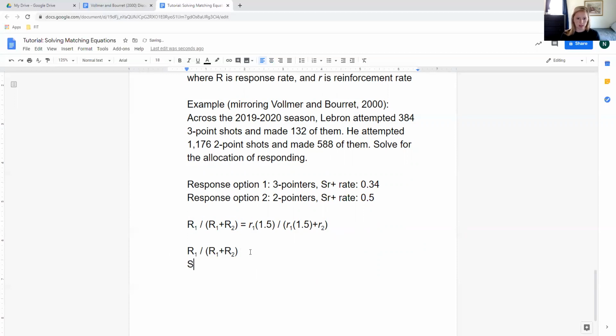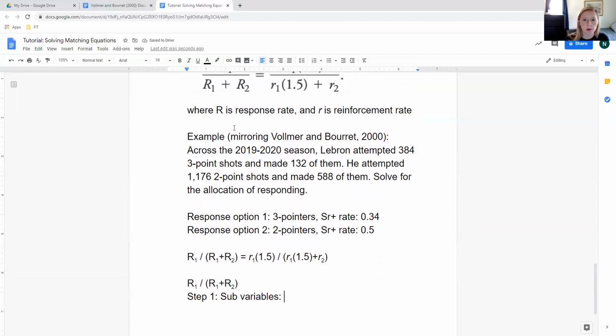First step, substitute the variables. Remember that our capital R is response rate.